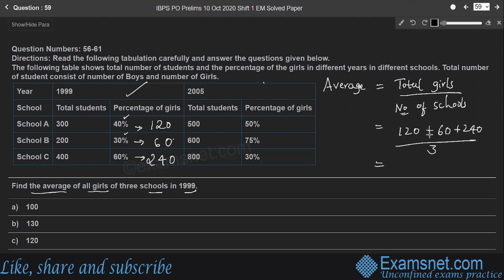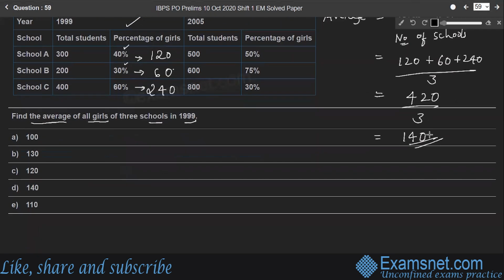So 120 plus 60, 180, 180 plus 240, it is 420. By 3, so it is 140. So 140 is the average number of girls in all 3 schools. Therefore, option D is the right answer.